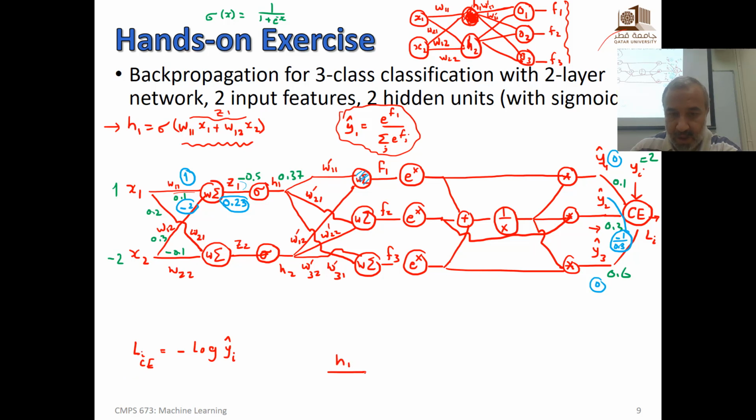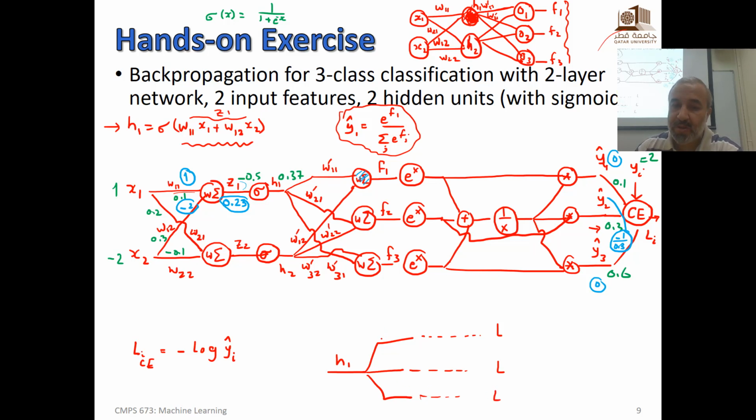H1 has branched out 3 ways. There's a path here until L, even, to the end. And this one also until L. And this one till L. From all of these branches.